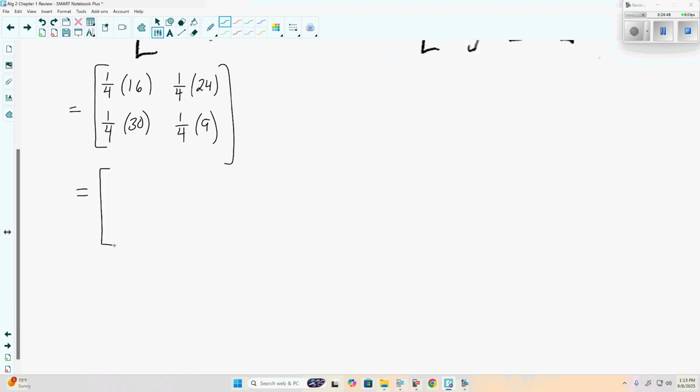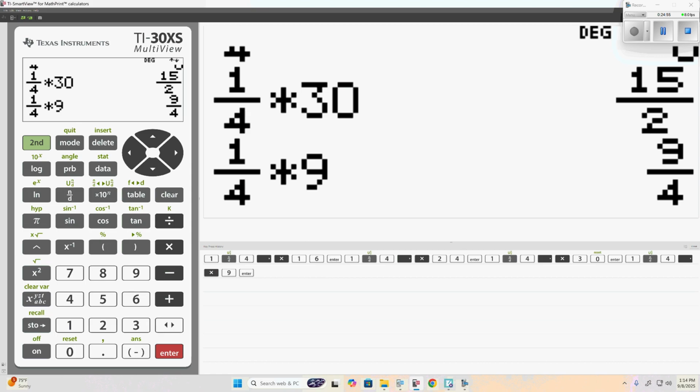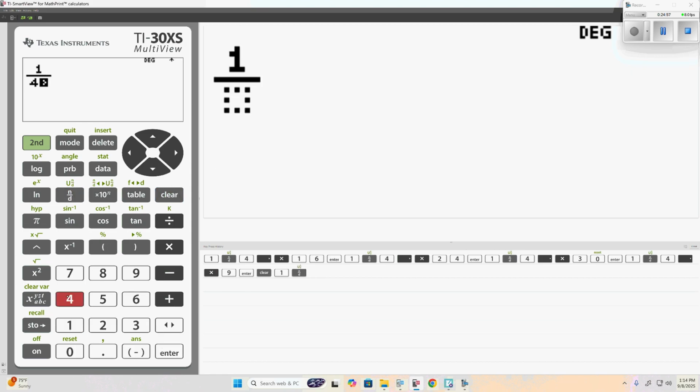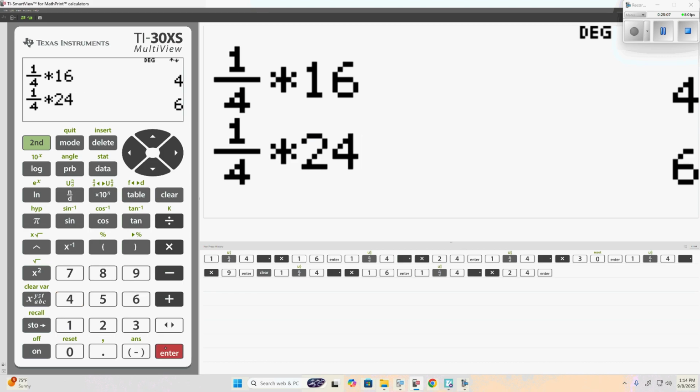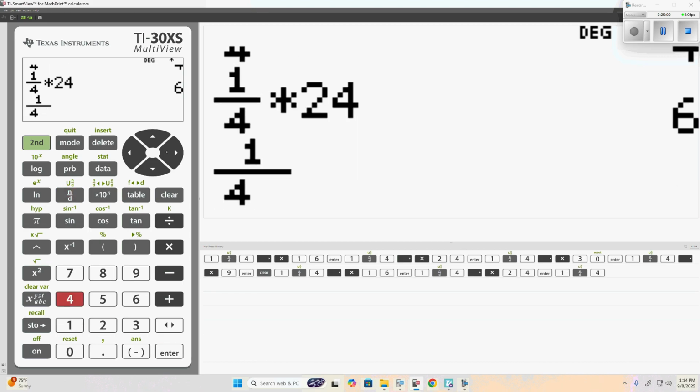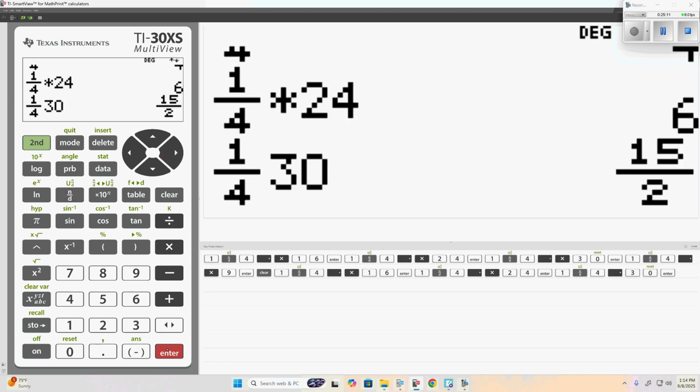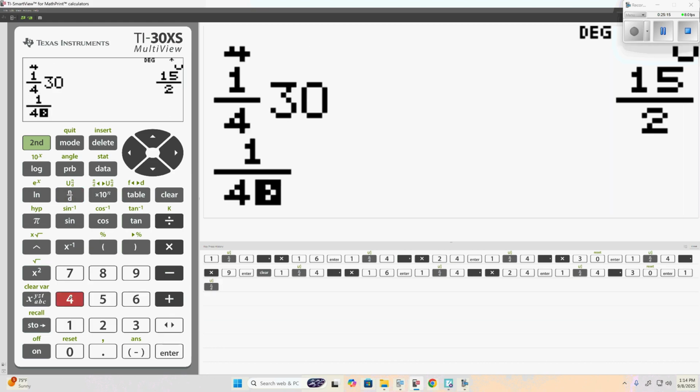Now you can do all this by hand, 1/4 times 16, 1/4 times 24, 1/4 times 30, and 1/4 times 9. Or you can just grab a calculator and tell it to do 1/4 times 16, which is 4. 1/4 times 24 is 6. 1/4 times 30 is 15/2.